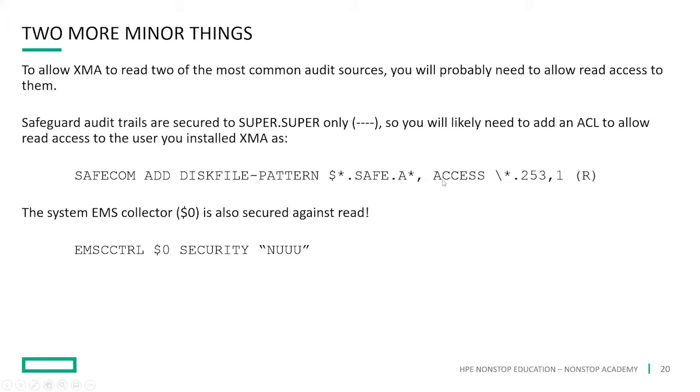That should cover your audit trails no matter where they are. And you can say access, and in this case I have a backslash on here that says any system, and then 253,1 would be the user ID you're interested in. 253,1 in our environment just happens to be the security administrator, and we're only allowing them to have read access.